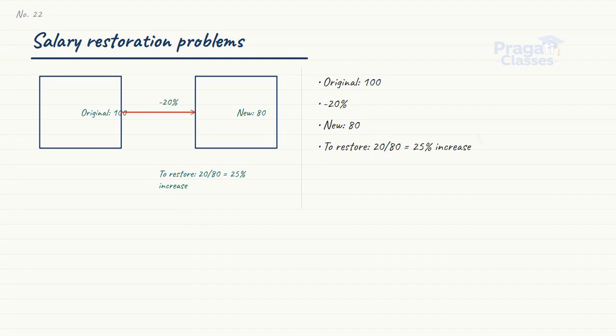What percentage increase on the new, lower salary of 80 gets you there? You need to add 20, and 20 as a fraction of 80 is 1/4, or 25%. So it takes a 25% raise to undo a 20% cut. The percentage back is always larger than the percentage cut because you're working from a smaller base.